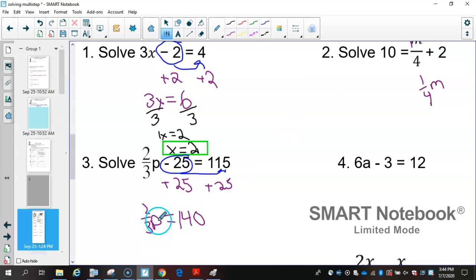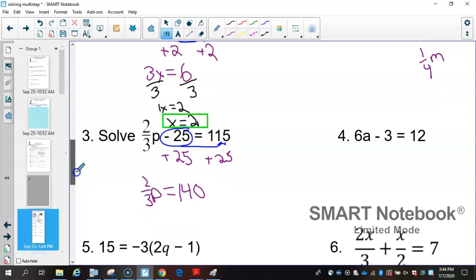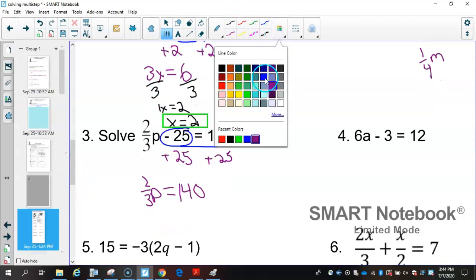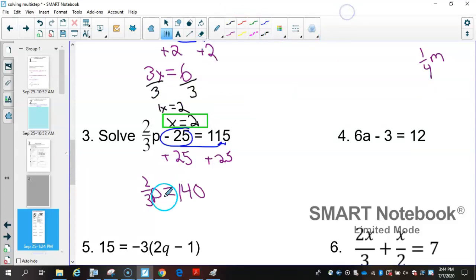Let's say p was up in the numerator with 2, and it's being divided by 3. So you could multiply both sides by 3. So I'm going to do this both ways. Or this way and the other way I'm going to show you. So let's erase this for a second and rewrite this.